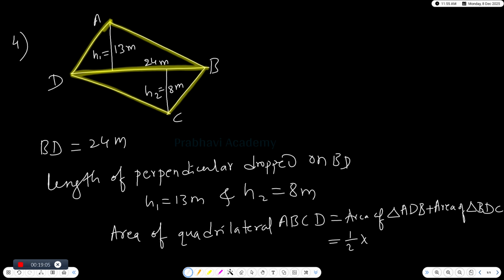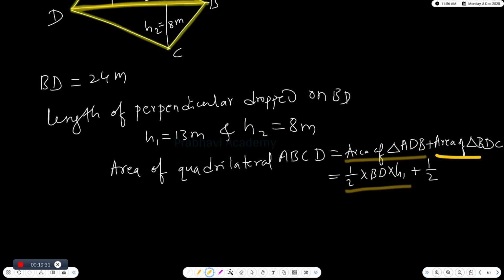Base is what here? Base is this DB. DB is base for both ADB and BCD. So BD is the base and H1 is the height. And here area of ADB is this, and the second, area of BDC is half into again BD, because BD is the common side, that is the base here, BD into H2.